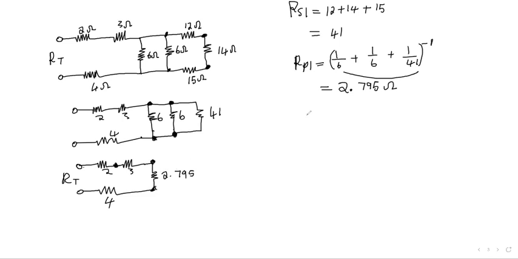So the total RS2 is going to be 2 plus 3 plus 4 plus 2.795. The total resistance is going to be 11.2795.